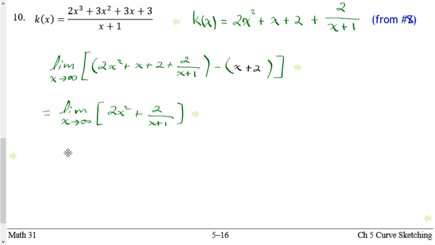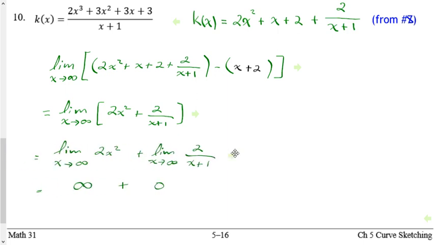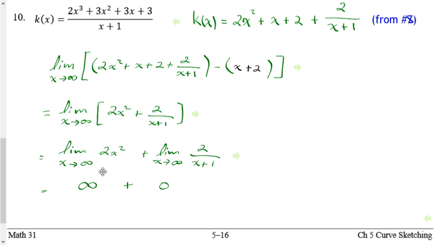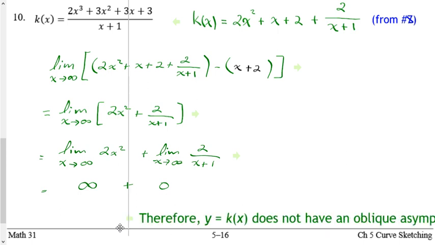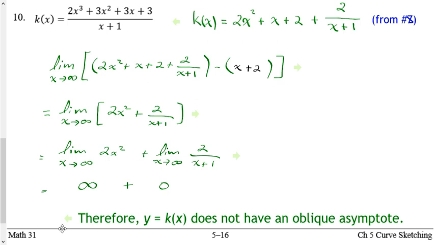Well, if I do the limit of a sum, I can do the sum of limits. So as x approaches infinity of 2x squared, well, this is going to be infinite. And as x approaches infinity of 2 over x plus 1, that's going to 0. So infinity plus 0 is not 0. Therefore, this function, k of x, does not have an oblique or a slant asymptote.